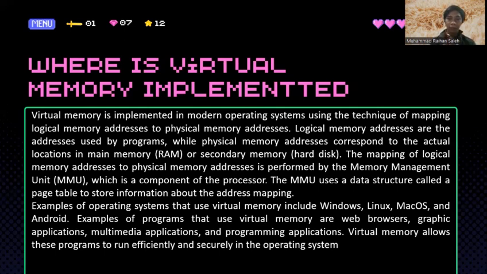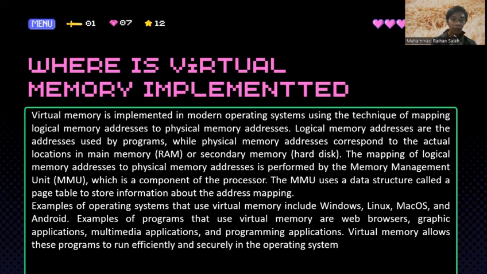The mapping of logical memory addresses to physical memory addresses is performed by the memory management unit, MMU, which is a component of the processor. The MMU uses a data structure called page tables to store information about the address mapping.